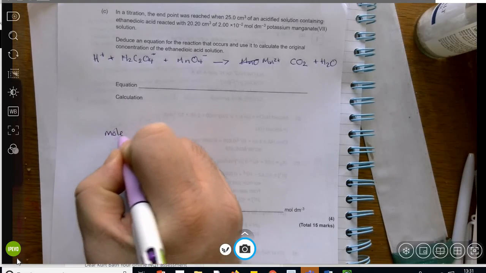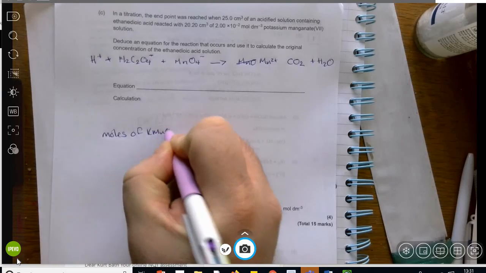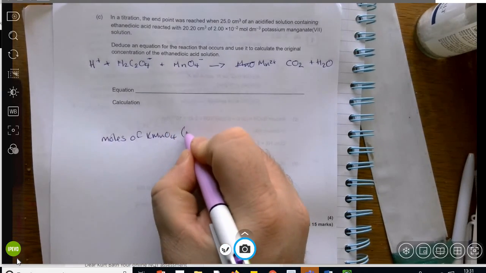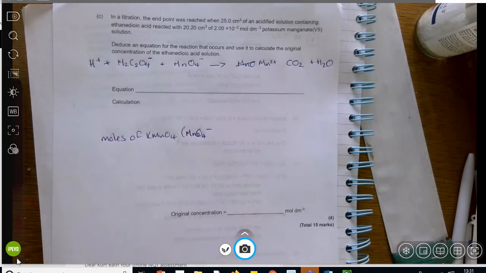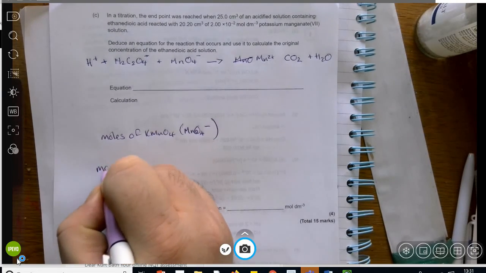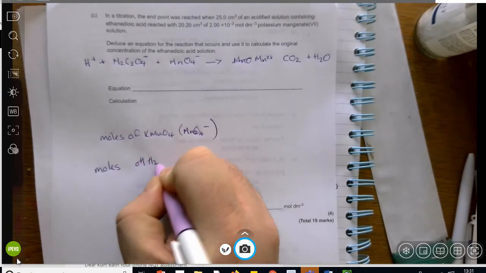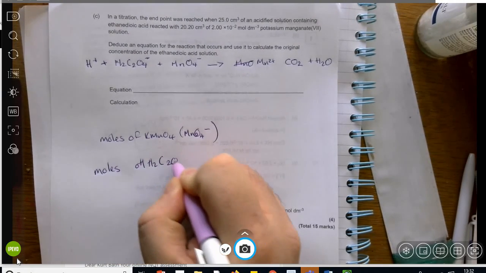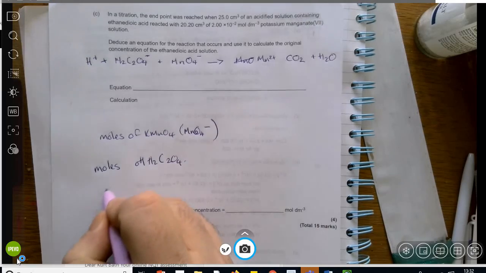So once you've got the equation, you do moles of KMnO4, which is actually that in that equation. Once you've worked that out, you can work out the moles of H2C2O4, and that will then allow you to look at the concentration.